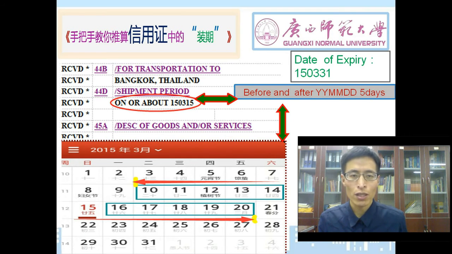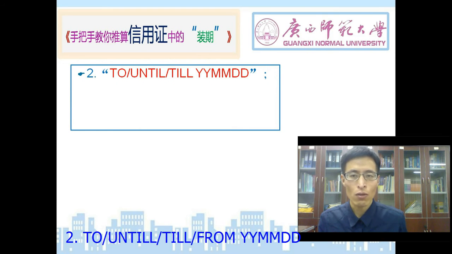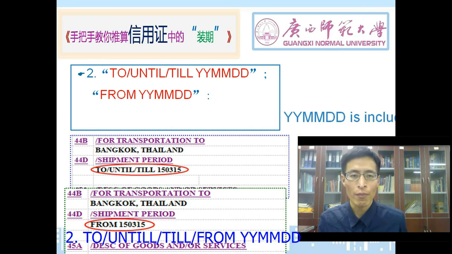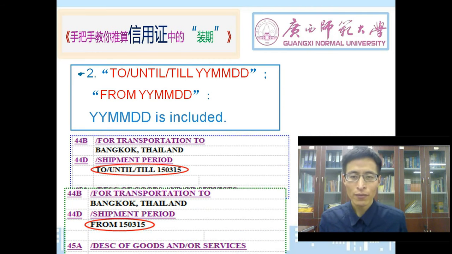And then let's go on to see the second expression, that is to, until to YYMMDD, or from YYMMDD. In this expression, we have to notice that YYMMDD should be included in this shipment period.